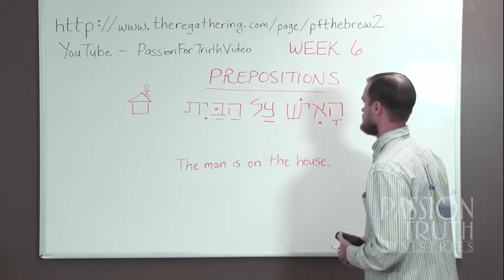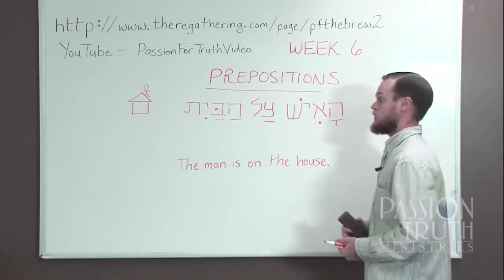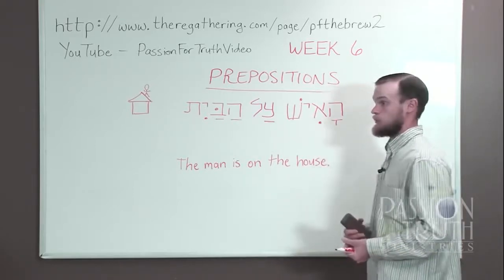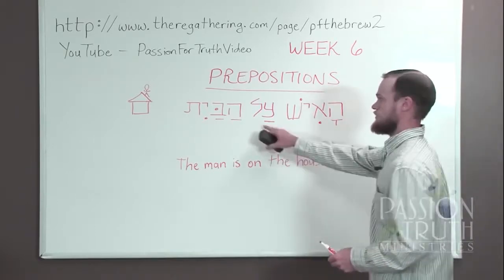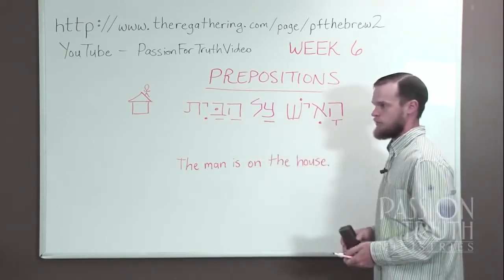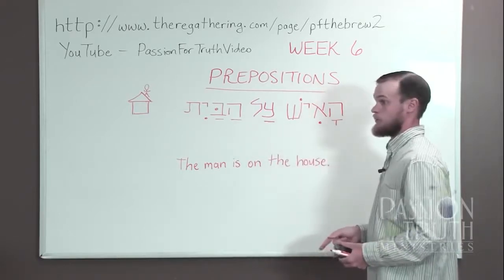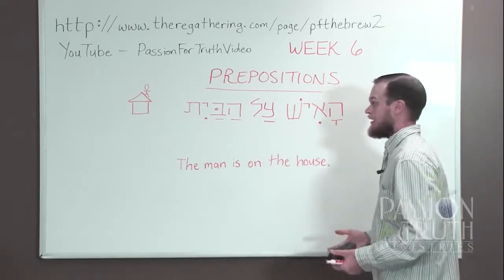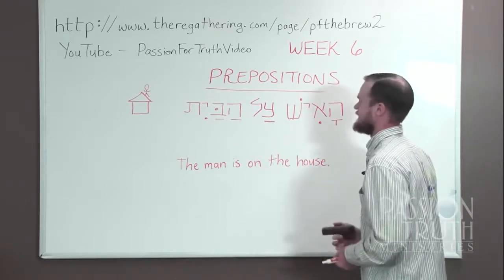Unlike subject and verb, which can be in any order, prepositions do need to be in a particular order in order to make sense. We could not put this al anywhere else in this sentence and have it make sense. Although if we reverse bayit and ish, that would be an unfortunate situation for the man. I won't draw that, but you get the idea.